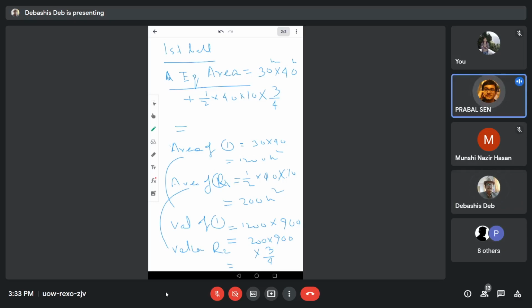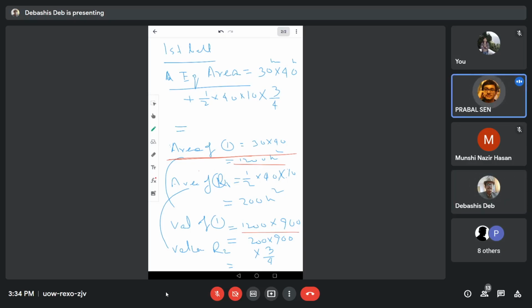Area of 1 is 30 into 40, 1200, so value of 1 will be 1200 into 900.